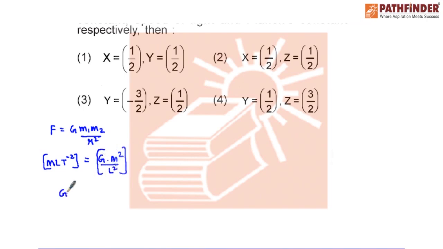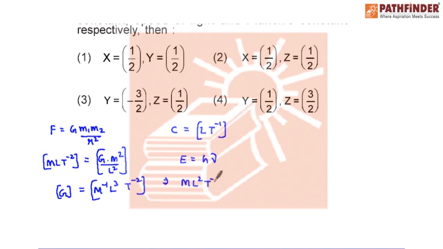So from here we get dimension of g equals m to the power minus 1 l cube t to the power minus 2. Now speed of light c is equal to l t to the power minus 1, and if we use E equal to h mu, then E is equal to m l square t to the power minus 2.